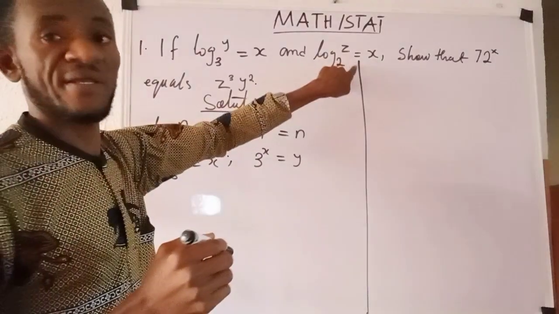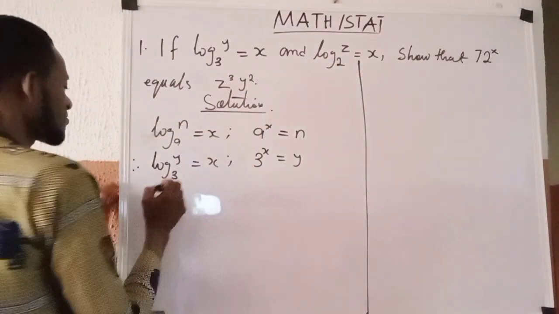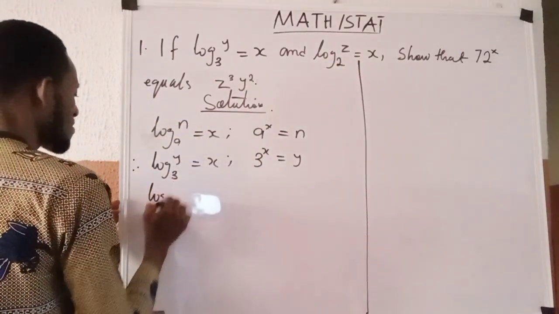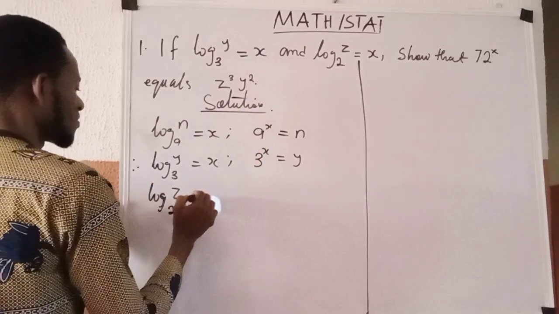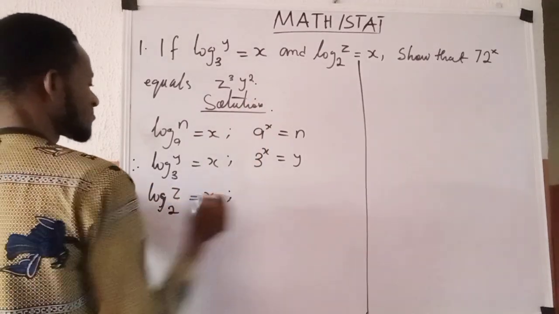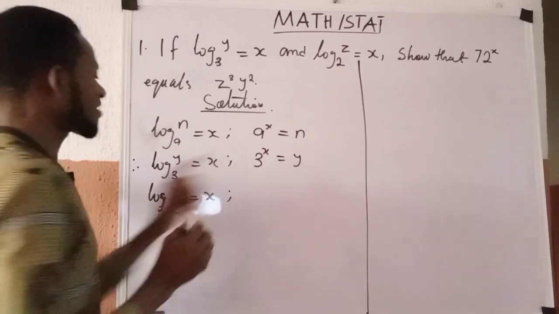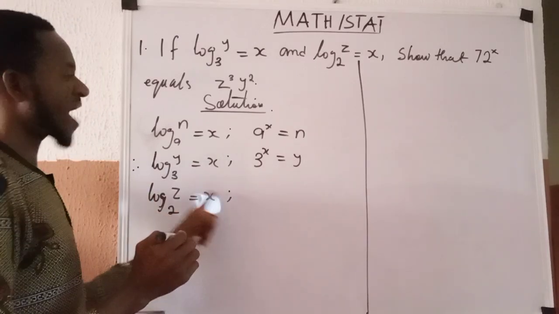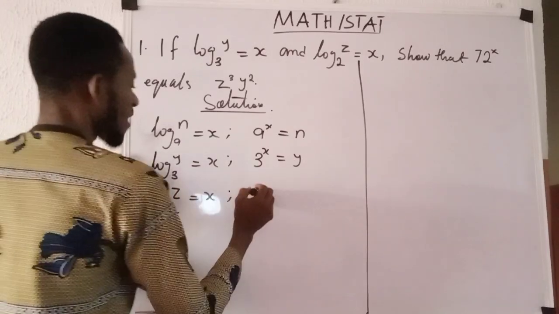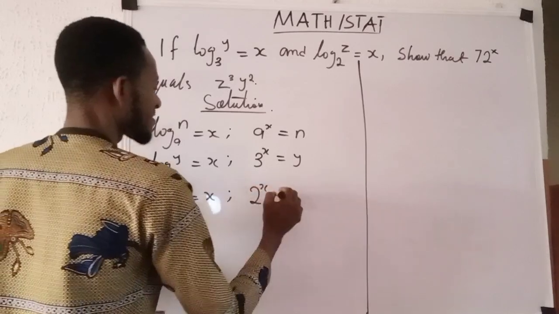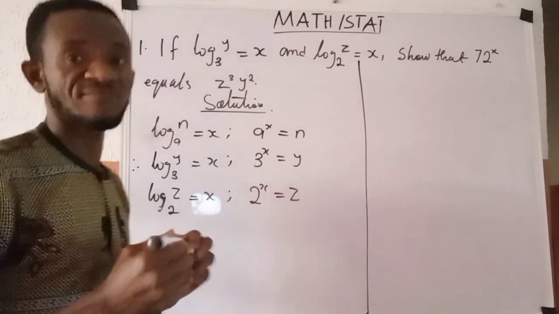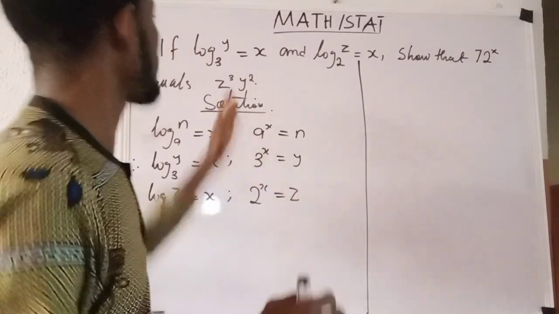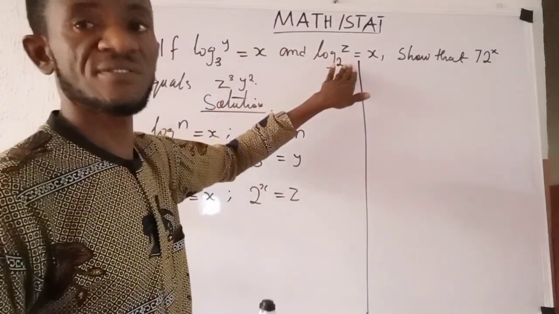I come over here. So that one becomes log of z base 2 equals x. It is going to imply that 2 raised to power x is z. So I have 2 raised to power x equals z. That's what I have. So I'm done with this and with this.